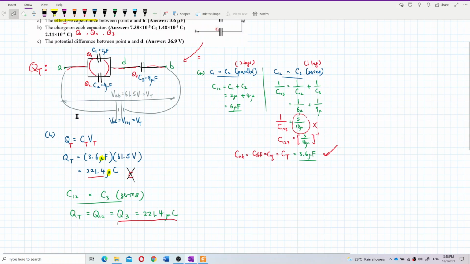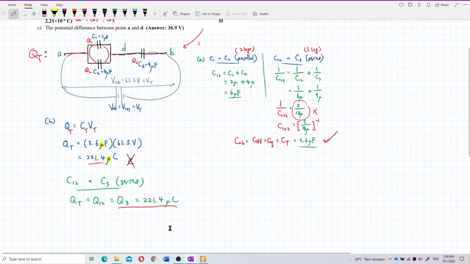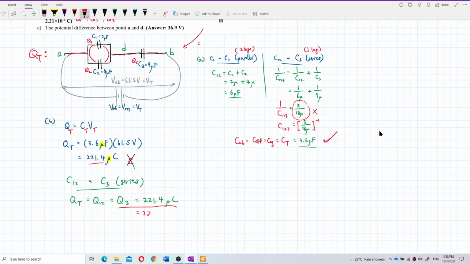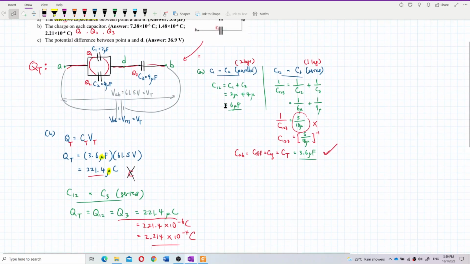Micro is exponent -6, so this becomes 2.214 times 10^-4 coulomb. Yes, that's the answer. That's Q3. I got my first charge.